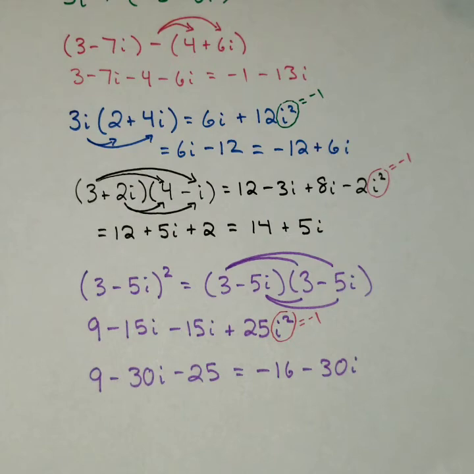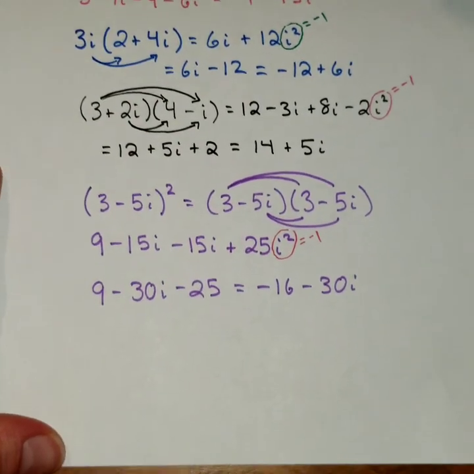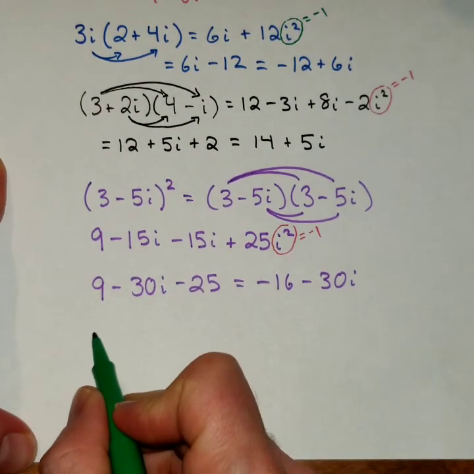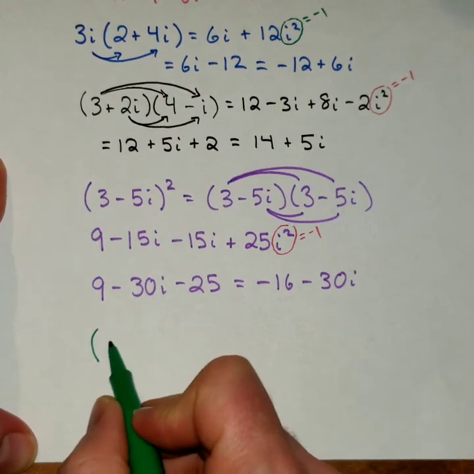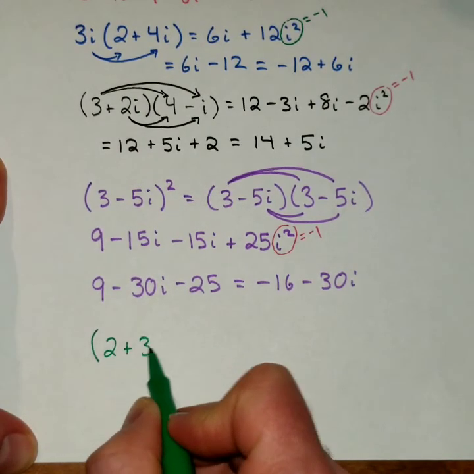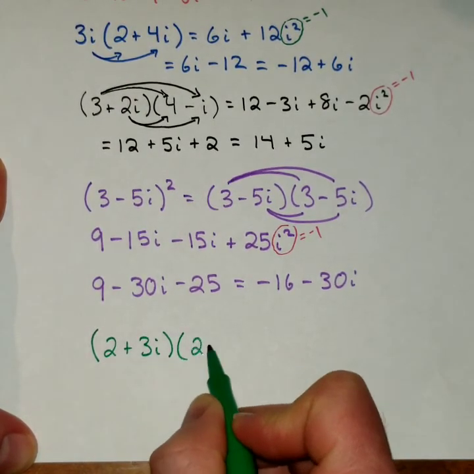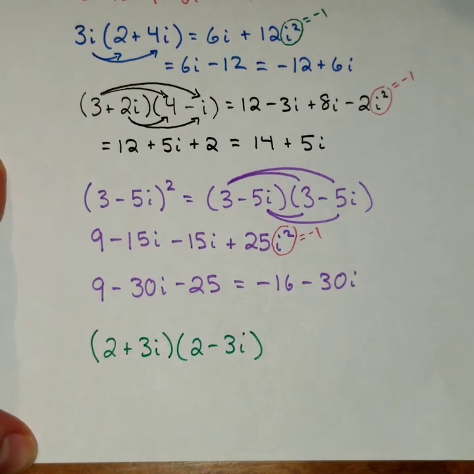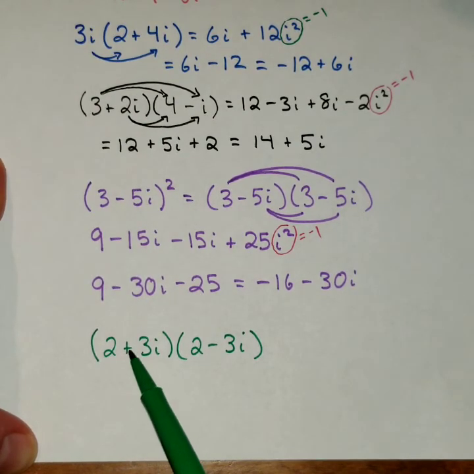Awesome. Last example, and this is one of my favorite types of examples for complex numbers, and that is going to be multiplying two conjugates together, like 2 plus 3i times 2 minus 3i. Remember when we did factoring, we looked at conjugates. In fact, when we did some multiplying of radicals, we looked at conjugates as well.